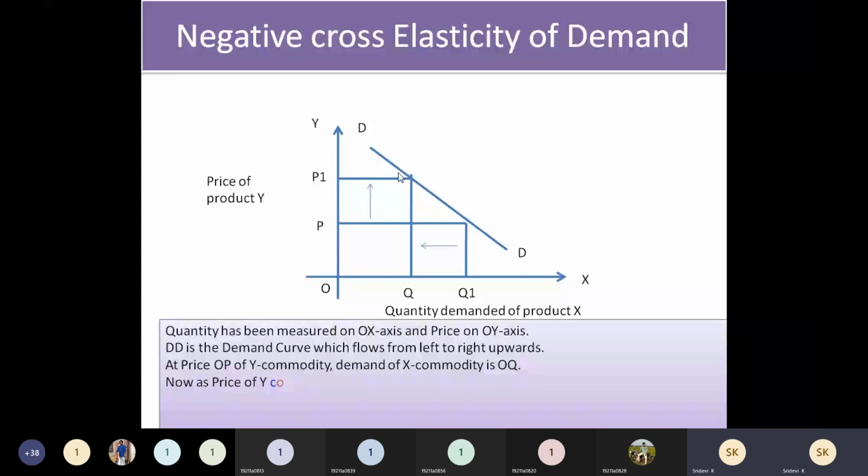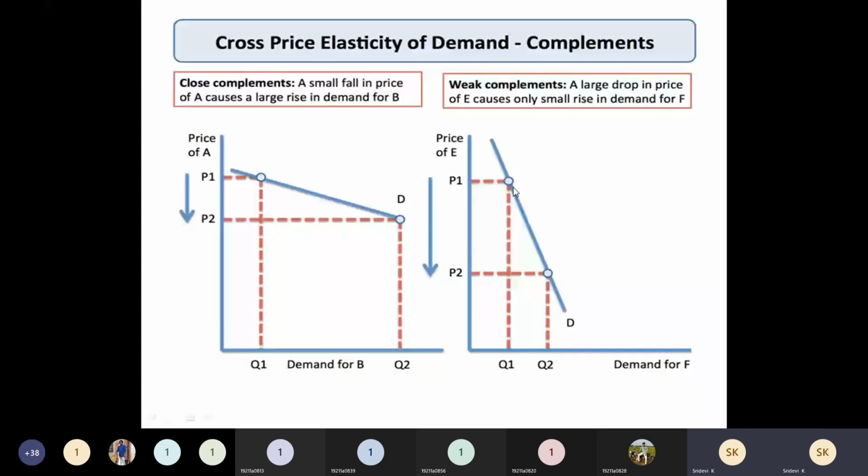If they are weaker complementaries, in such a case, even though the price is reduced, more price is reduced, that will not lead to more increase in sales of X product. See here, only a little bit of change in the X product is happening. So this is the effect of cross elasticity.